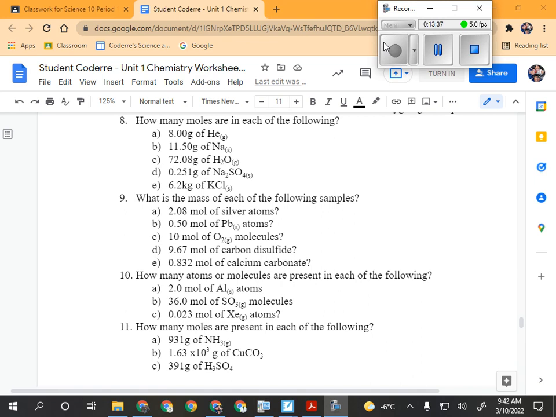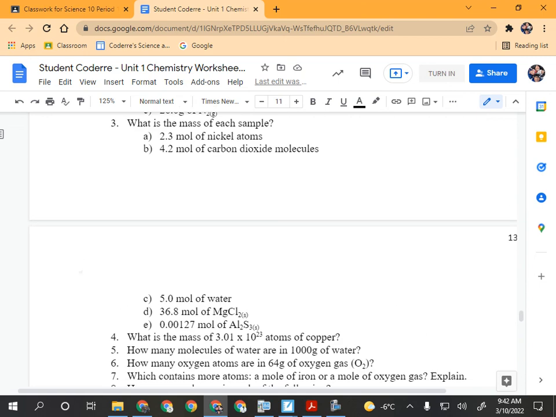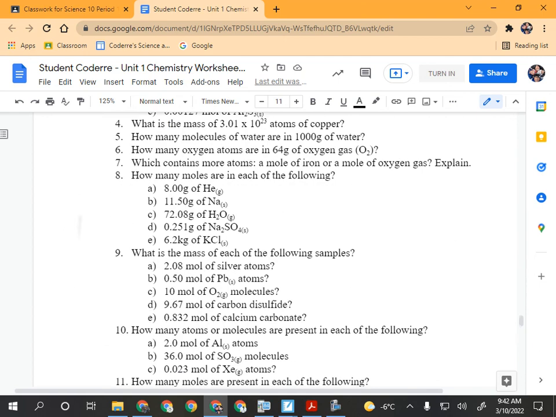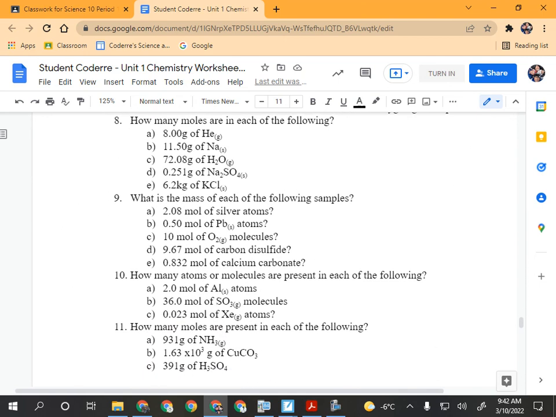Okay, so these questions are in the digital workbook. This is page 13 of the digital workbook. It starts out, 8, 9, 10, and 11 are exactly like what we've been doing, right? Number 8 is asking you to calculate the number of moles. Number 9 is asking you to calculate the mass. 10 is the number of atoms. So all stuff that we've done.